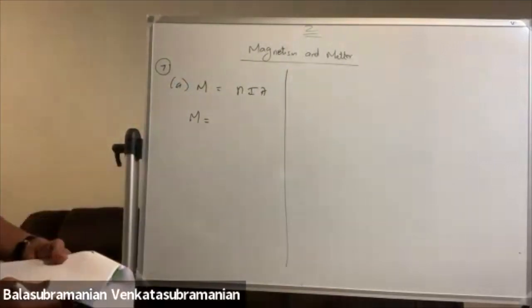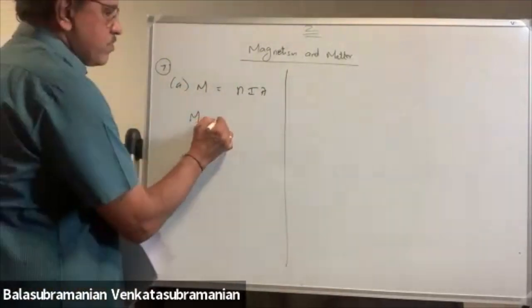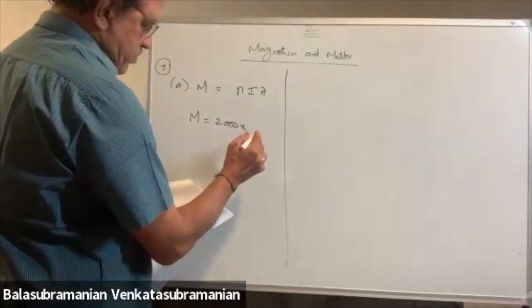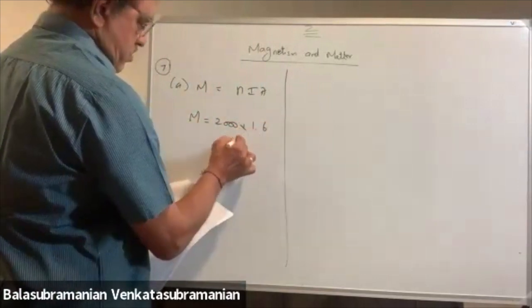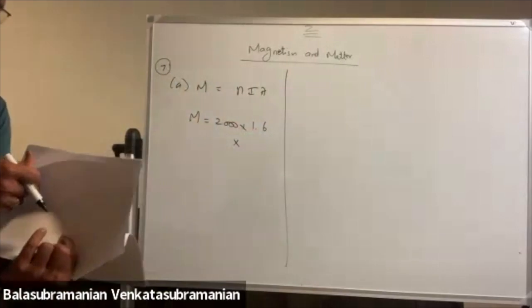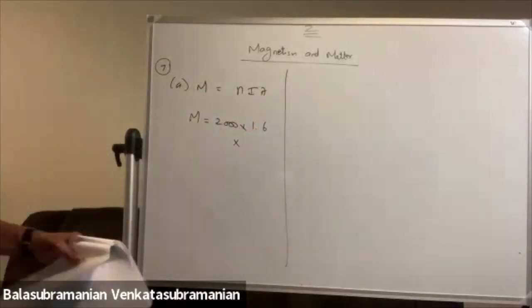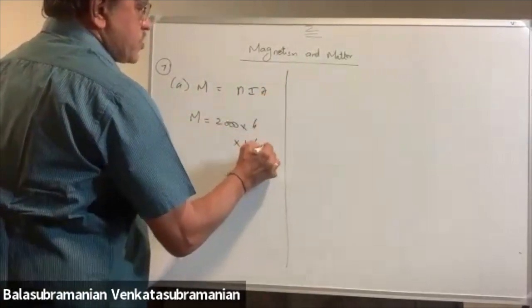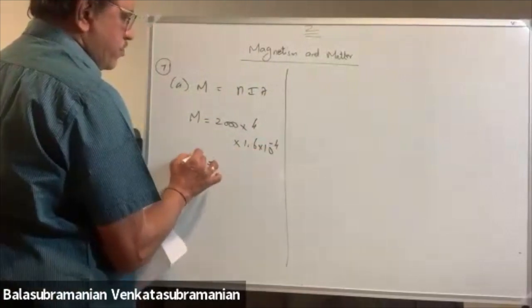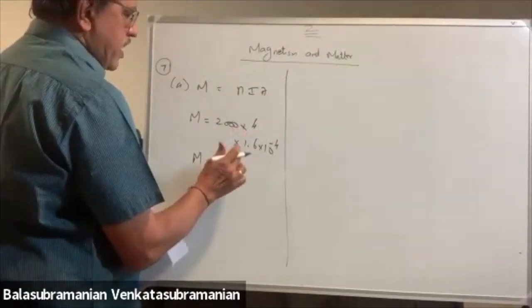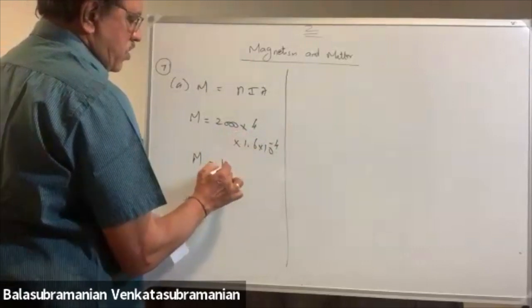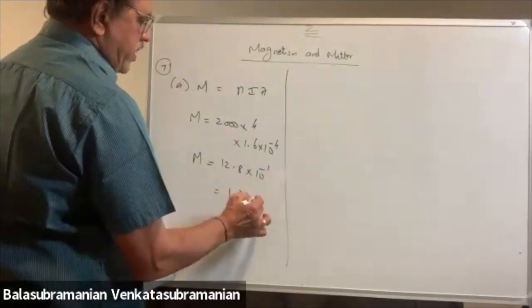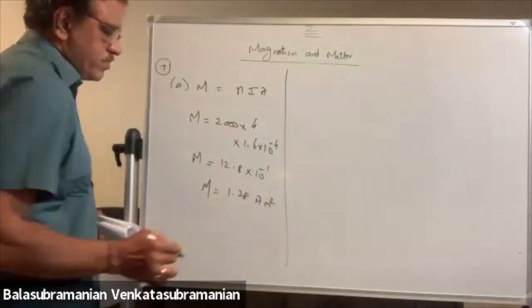Number of turns is 2000, current passing through is 0.4 ampere, and area is 1.6 into 10 power minus 4. 2 into 4 is 8, 8 into 1.6 is 12.8, into 10 power minus 1. So that is 1.28 ampere meter square.